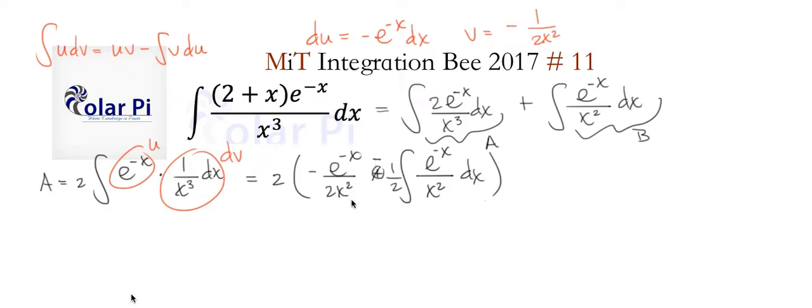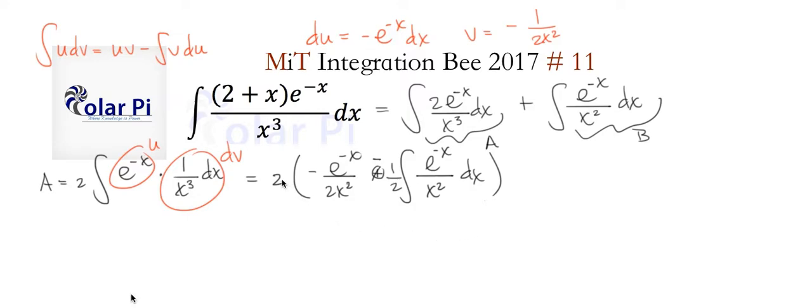Otherwise, the 1 over 2 is from v having a 2 in the denominator and a 1 in the numerator, and then it's v du. And so the rest of v would have to be 1 over x squared, which I have here, and then du is this negative sign, and then e to the minus x dx. Okay, so that explains everything, hopefully.